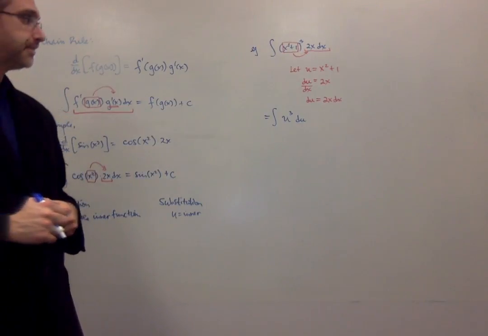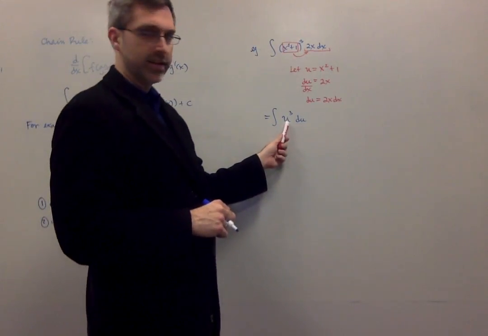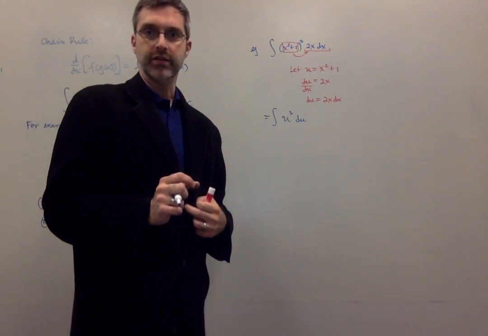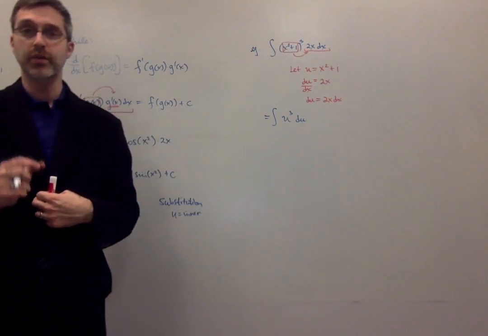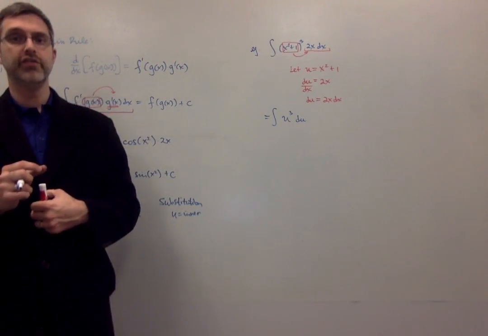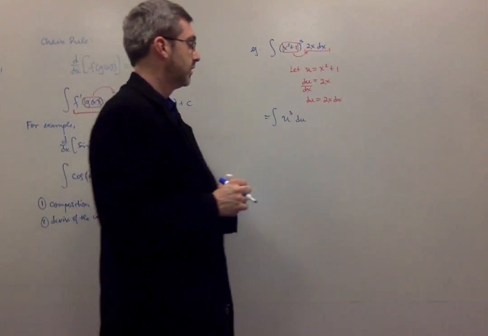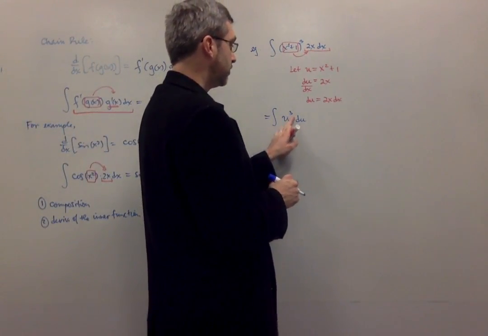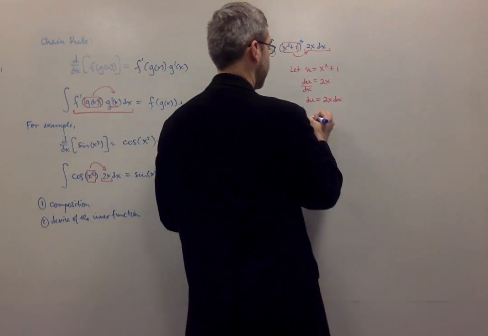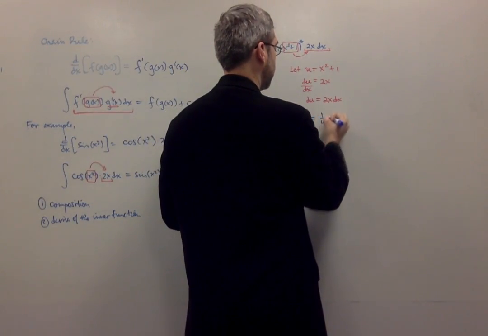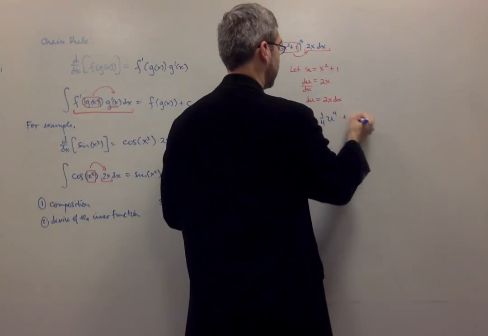Okay. Now notice that my integral is much simpler, and that's actually a sign that we're going the right direction. If your integral is getting simpler, that's a good thing. Okay, I can do u cubed. That's an integral that I can do. That's going to be 1/4 u to the 4th.